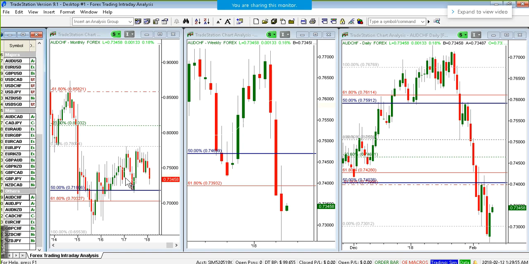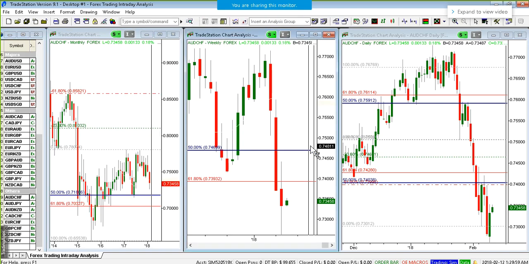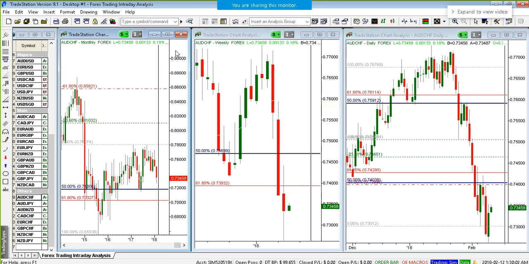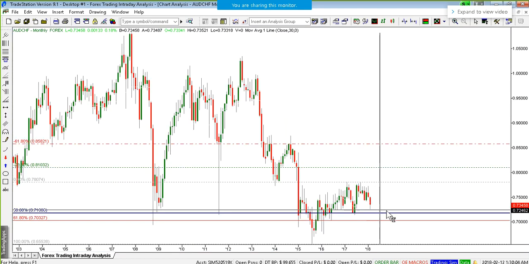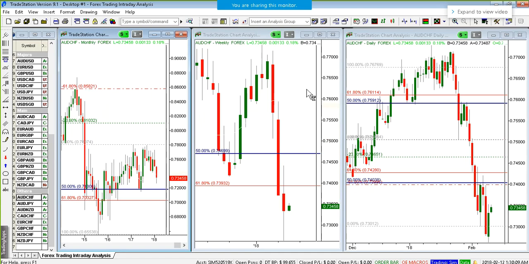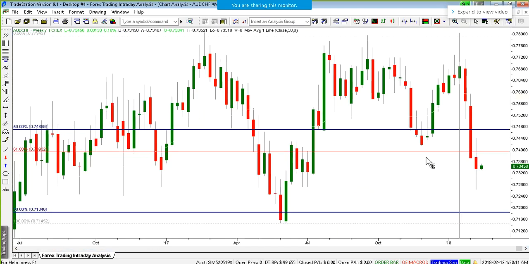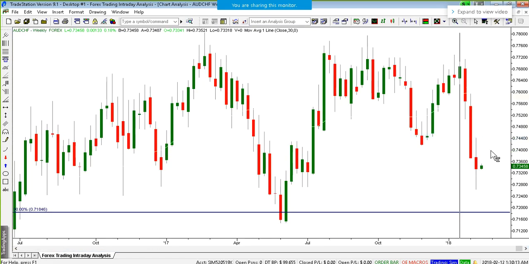Let's continue here and look at the Australian dollar, Swiss franc. The Swiss franc has been pretty strong, and this lateral move now has the potential to bring this price to 71.80. Okay, and I'm going to remove the 50% that never held.